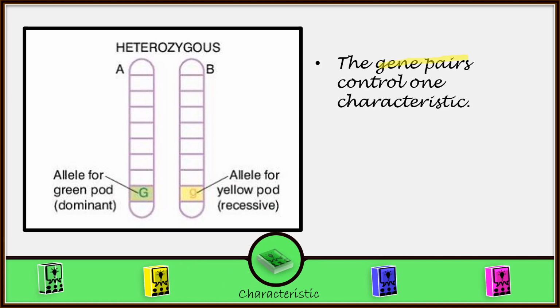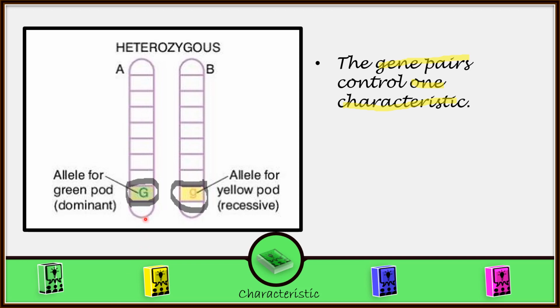The gene pairs control one characteristic. Every gene pair controls one characteristic. For example, we are looking at this same position. There is the same gene, and that gene is controlling the color of the pod.